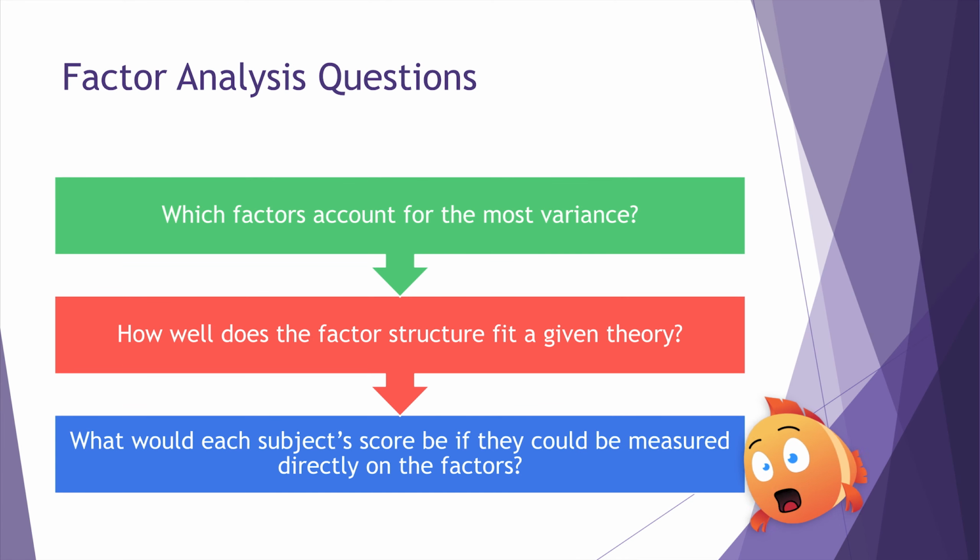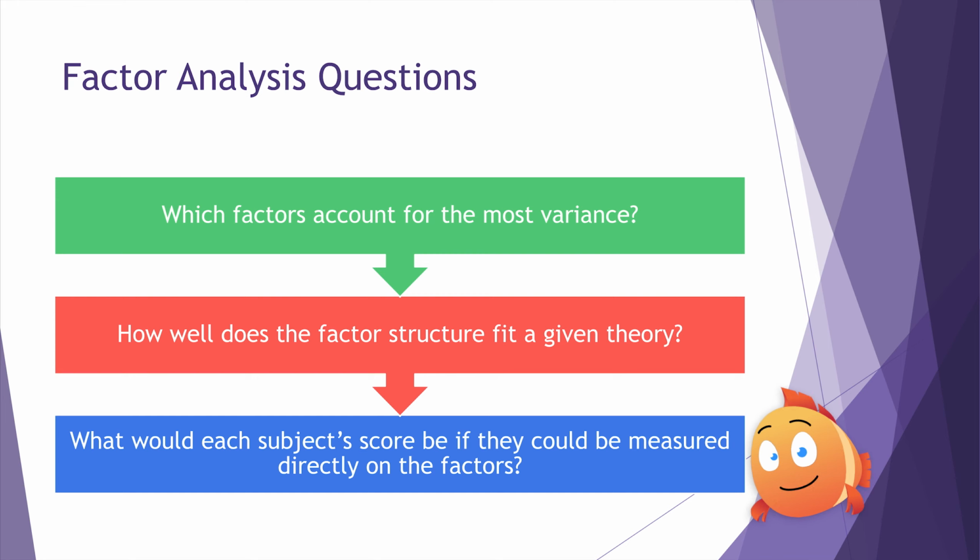Other questions that are good to ask ourselves is, which factors account for the most variance? In other words, which component of our test explains the bulk of the variability in test performance?